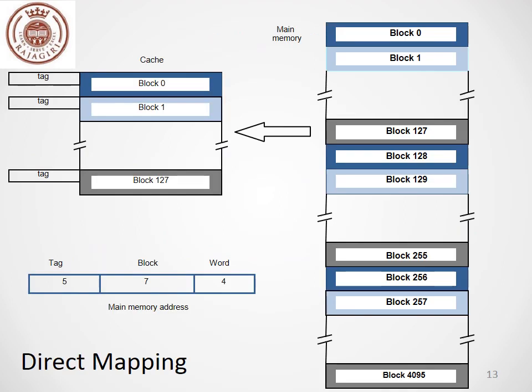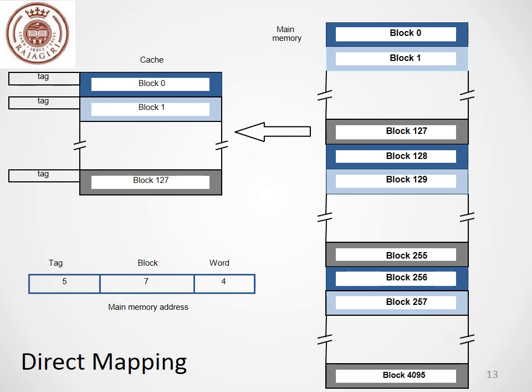So this is a diagrammatic representation of what we just talked about, that is direct mapping. Here you can see the cache memory and the main memory. The cache memory, as I already said, consists of 128 blocks numbered from 0 to 127, and each block can store 16 words. Similarly, the main memory consists of 4096 blocks numbered from 0 to 4095, and each block can hold 16 words.